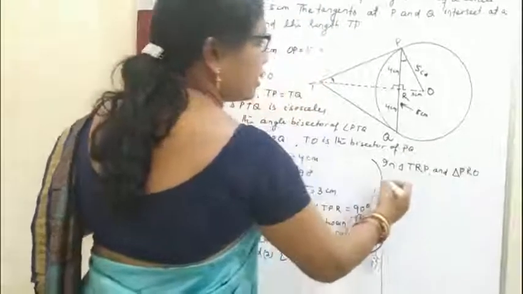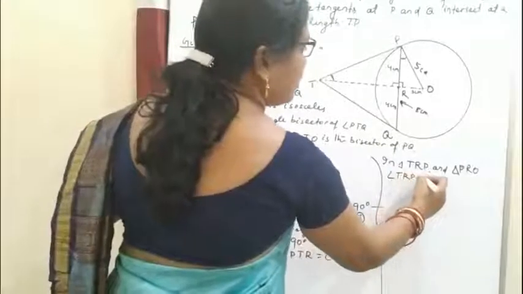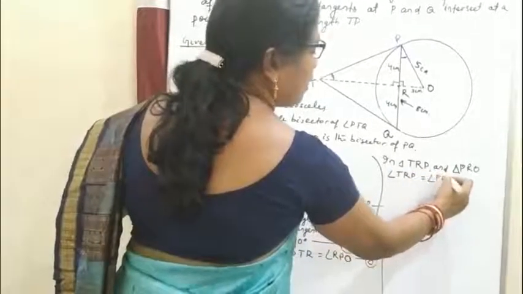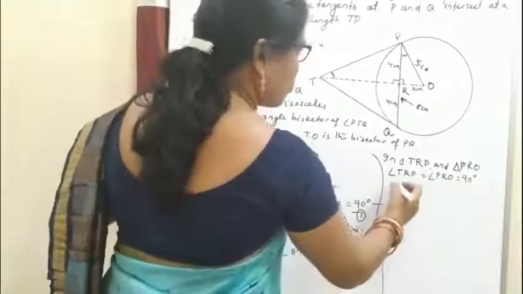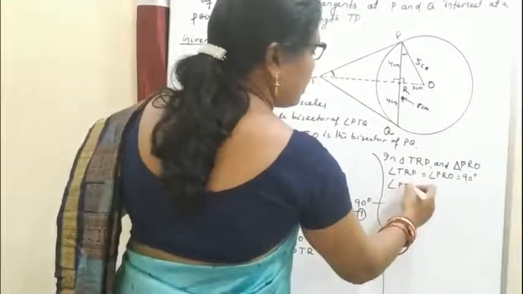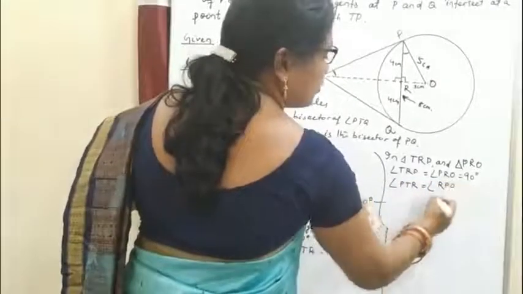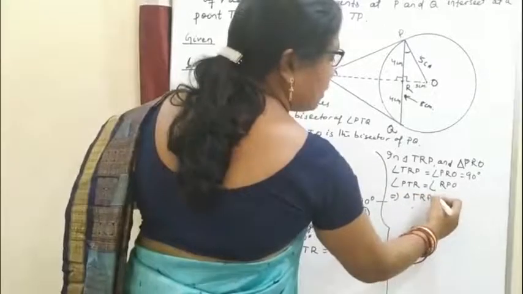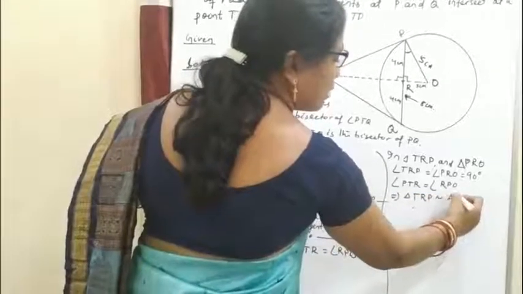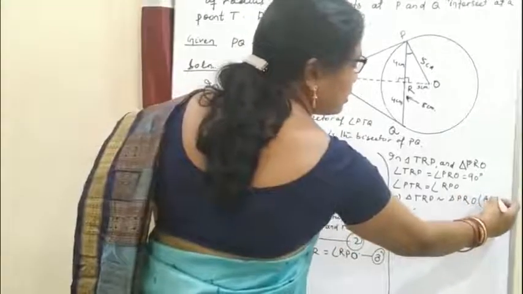Both are right triangles having angle TRP is equal to angle PRO is equal to 90 degree, and here we have proved angle PTR is equal to angle RPO. So this implies triangle TRP is similar to triangle PRO by angle similarity.